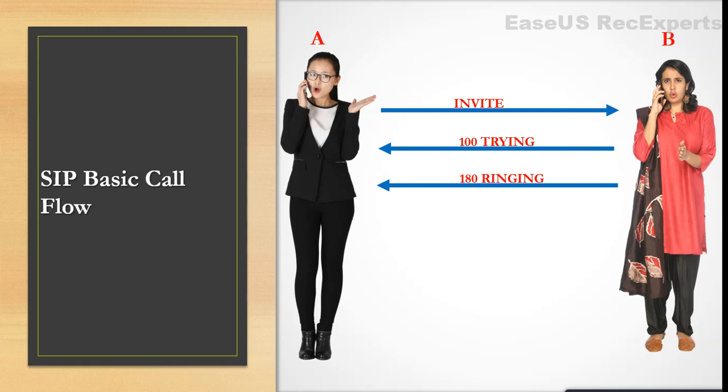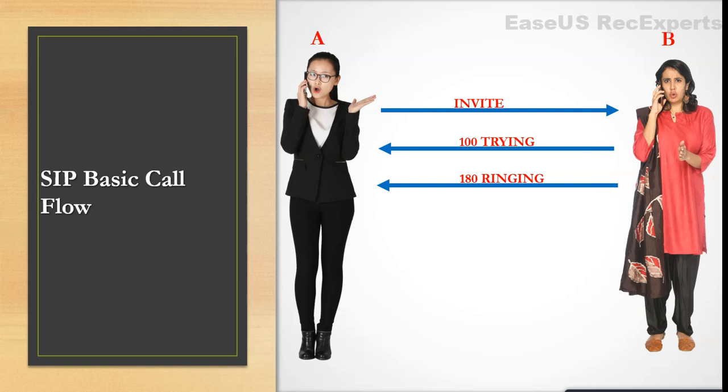Like you call your friend, and after a few seconds, maybe 1 or 2 seconds, the phone starts to ring, right? You hear a ringback tone. That ringback tone is indicated by the called party to the calling party using this 180 Ringing message. So 180 Ringing from B to A indicates that I have started to ring, and the same message is conveyed to user A using a ringback tone that you hear.